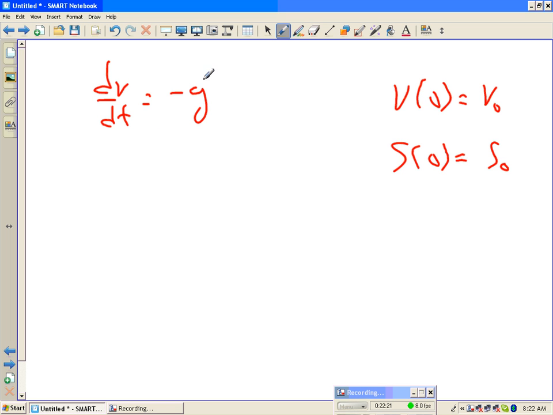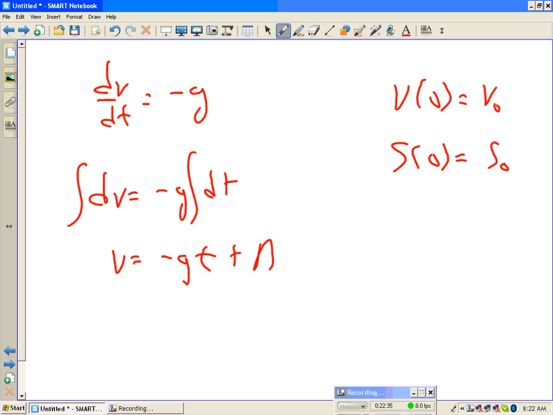Okay, let's do it. Separate. dv equals negative g dt. Anti-differentiate, you get v equals negative g t plus, let's say, a. How do you get a? Plug in 0 for t and some constant v0, whatever it is for this, okay? So a is just v0.